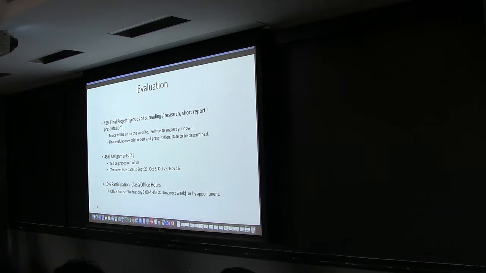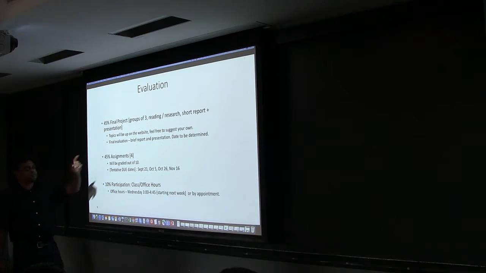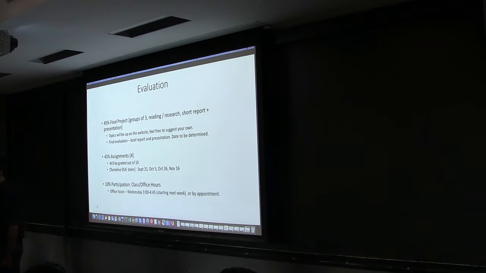And so a lot of the weight will be for a final project. Depending on the enrollment, I'm thinking about having people work in groups rather than individually. So maybe groups of 3. Of course, the first question everyone has is, what if the number of people taking the course is not divisible by 3?